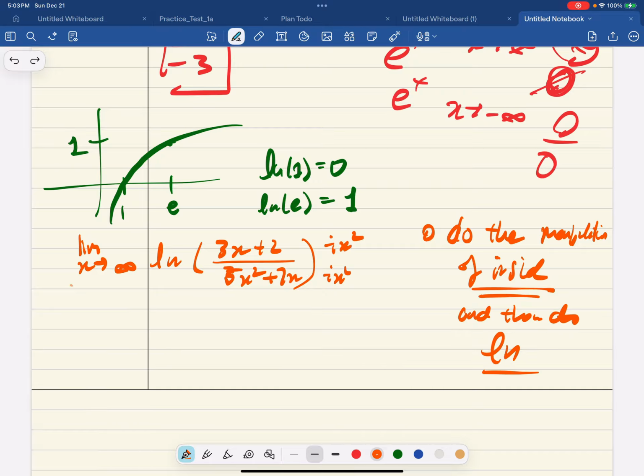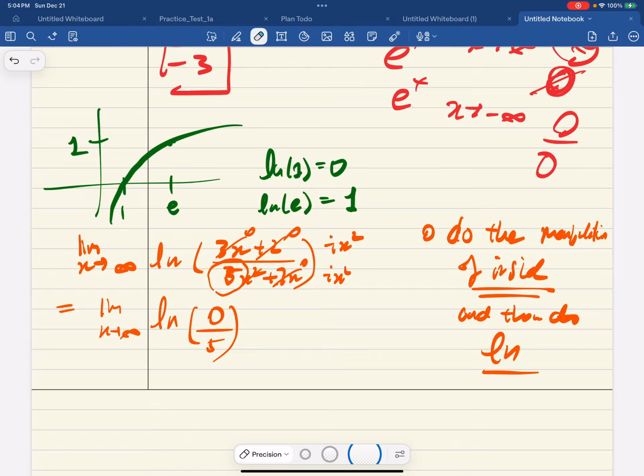and then do your ln stuff. So right now, if you divide everything by x to the 2, this is going to become a 0, that's going to become a 0, since it's divided by a bigger number. This one will only cancel out. X to the 2 divided by x to the 2, 5 will remain. So that is going to be a 0 on 5. Because this one approaches 0, that one approaches 0, there's nothing on top.